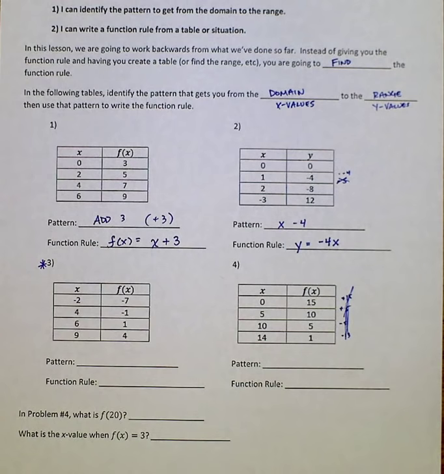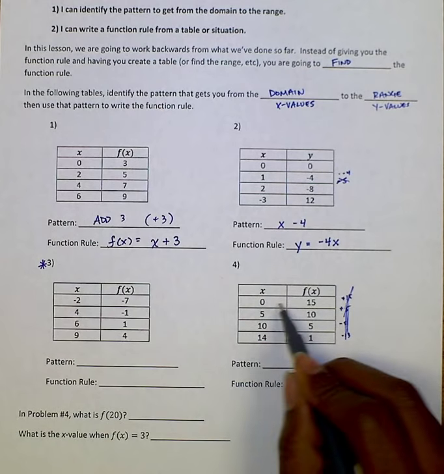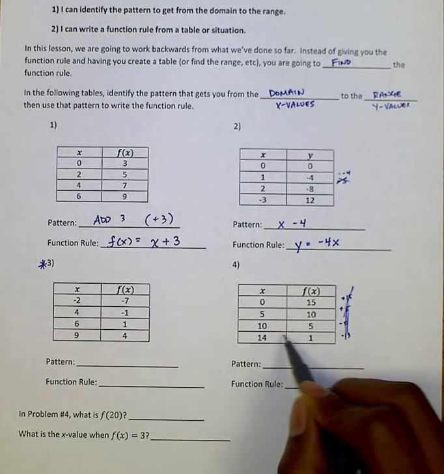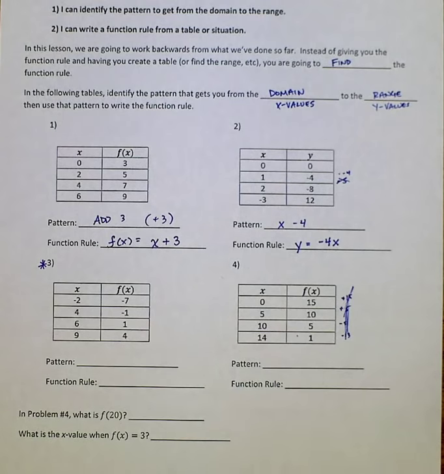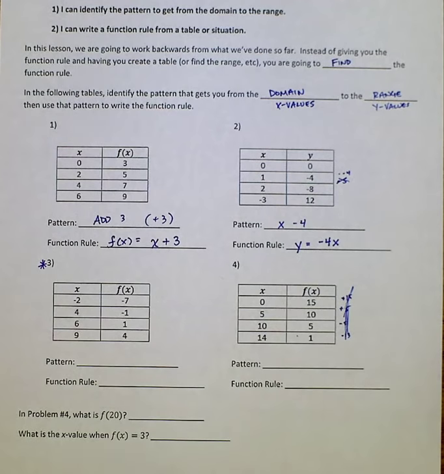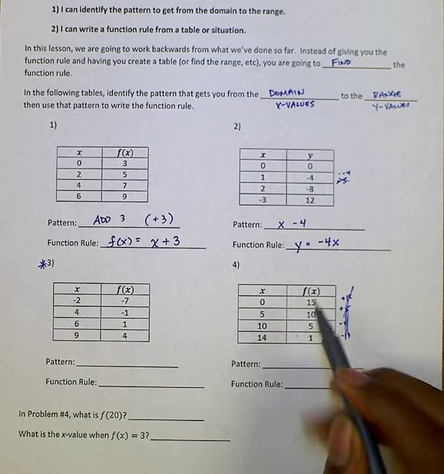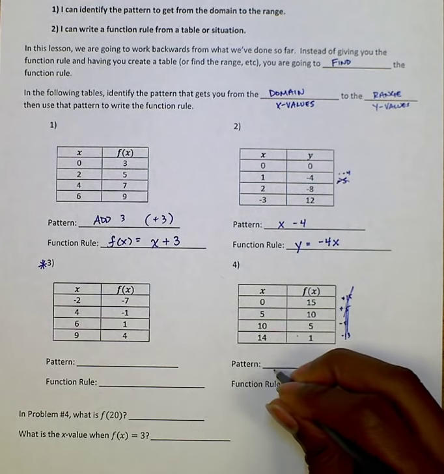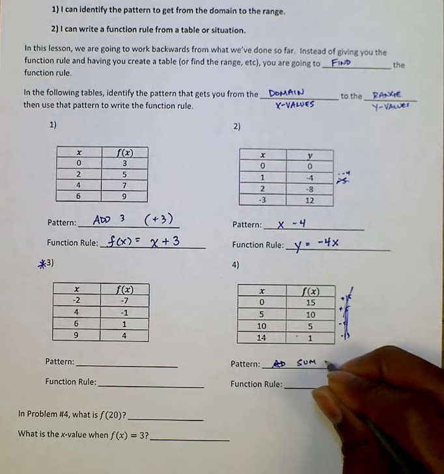What do we notice? All of these, when they add up to each other, equal 15. They always have to add up to 15. So I can say that my pattern is the sum is 15.